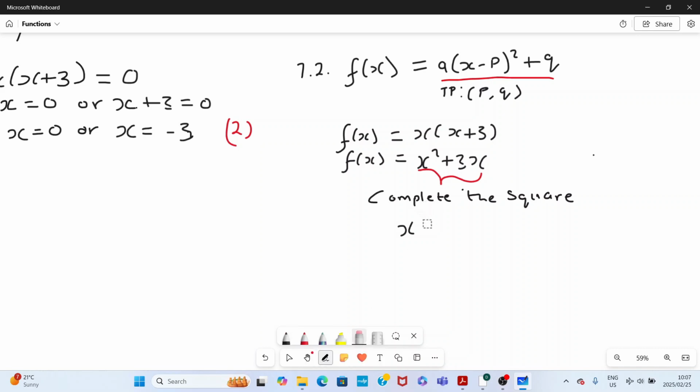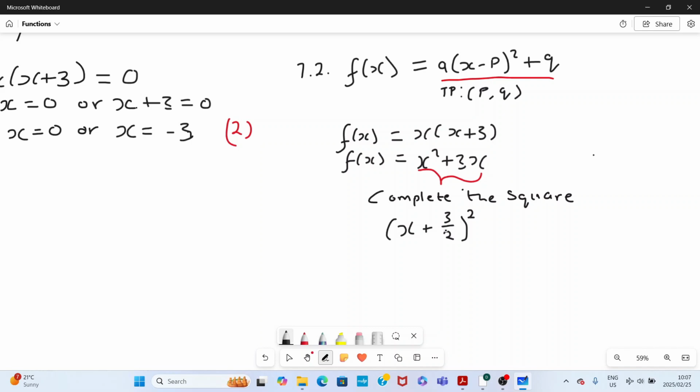Let's just do it already. You open your brackets. You look at the sign. This sign is positive, so we'll have a positive sign. Then you take the coefficient of x and divide it by 2. After dividing it by 2, you put it inside brackets and put a square on it.